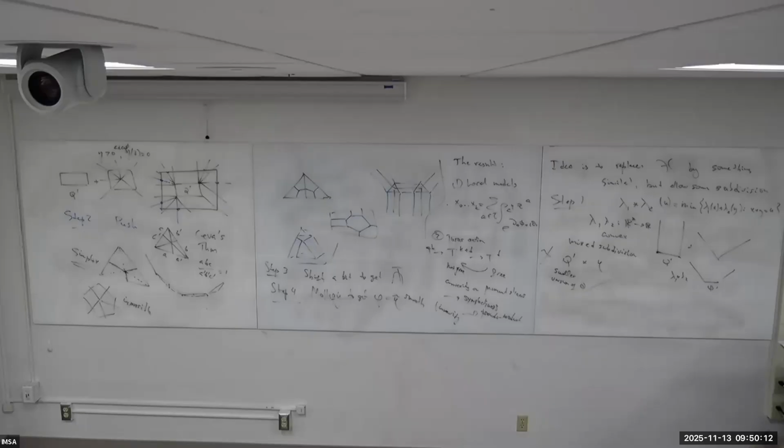And on the maximal blue, the maximal blues are parameterized by the vertices of tau. So for every vertex in tau, I have a ray from that vertex towards the origin.